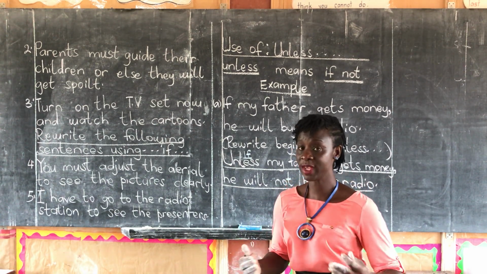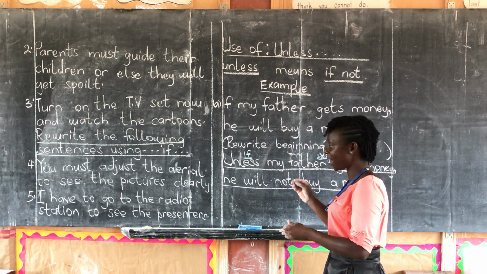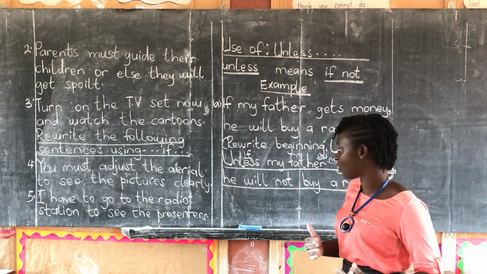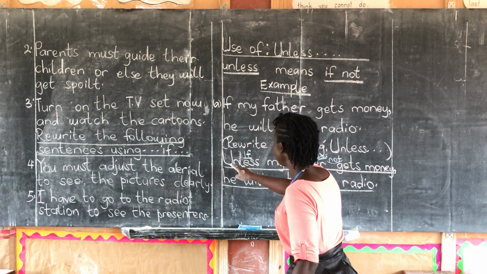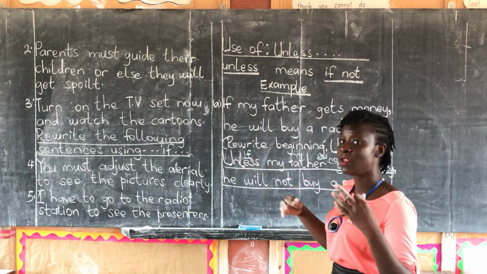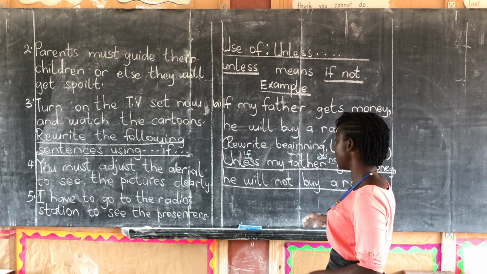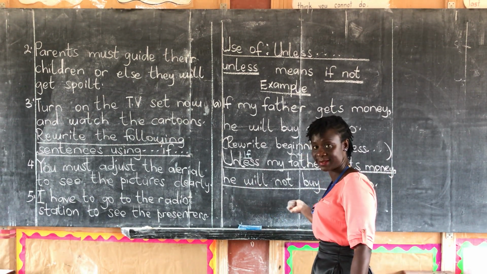But for me, I'm not always very sure. So what I do, I get side work, I first write the answer that I think is correct, then I try out with if not. Now this if not must be used in the if clause, not in the main clause. The main clause is that one where we have the future simple tense.